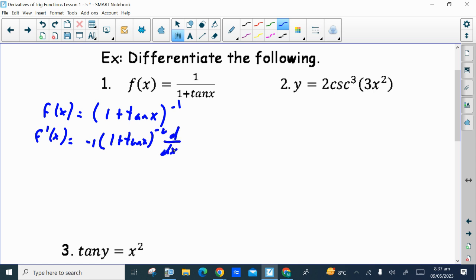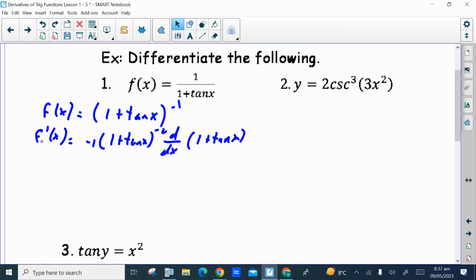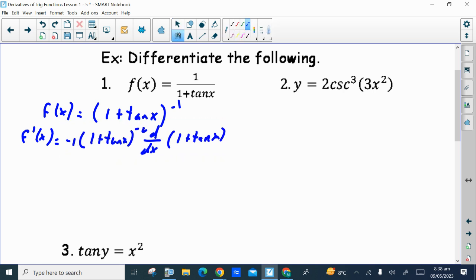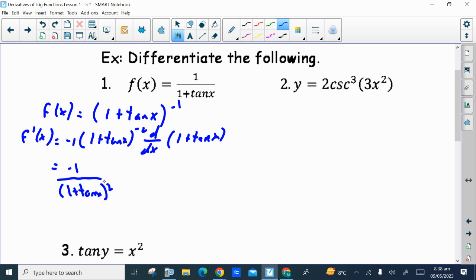And then we find the derivative of what's inside the bracket, the derivative of 1 plus tan x. So that'll be negative 1 over 1 plus tan x all squared times the derivative of 1 plus tan x.